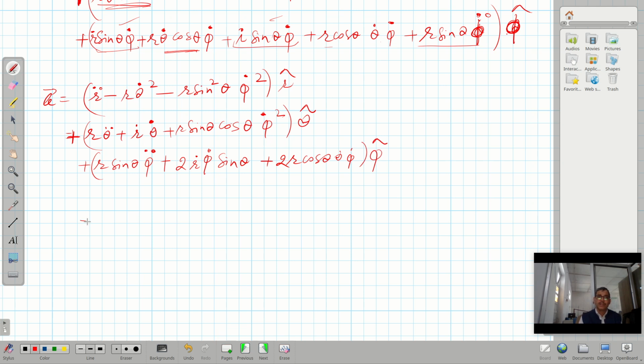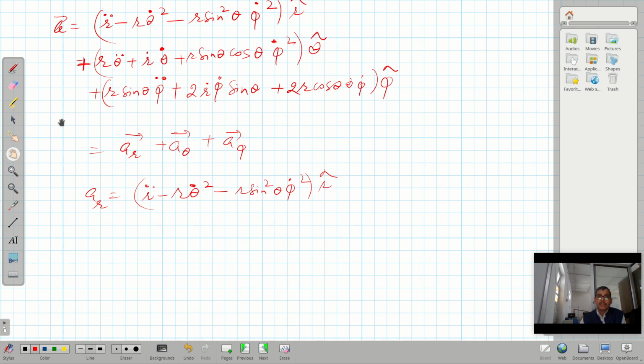Thus we can write a r vector plus a theta vector plus a phi vector, and here a r is r double dot minus r theta dot square minus r sine square theta phi dot square, r cap. This is one component in spherical polar coordinates.